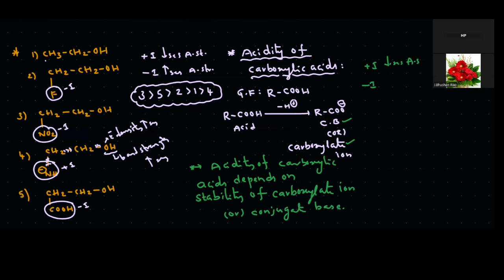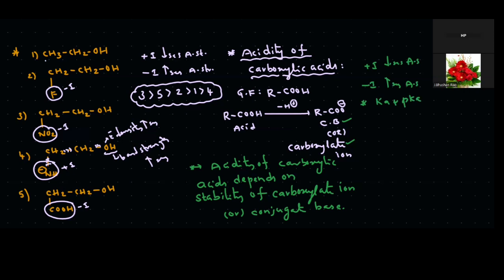On the basis of these two rules, we can easily identify the stability and acidic strength of carboxylic acids. Generally, we can express the acidic strength values in Ka and pKa.